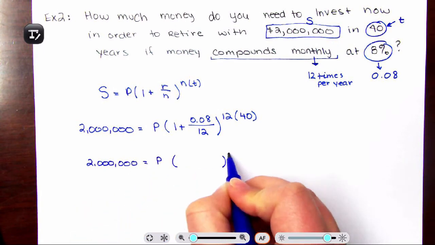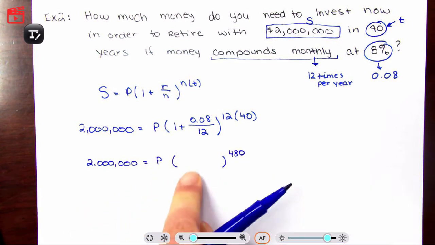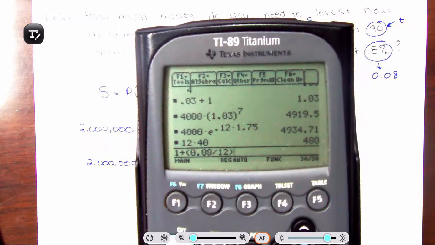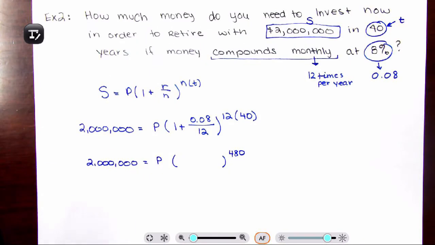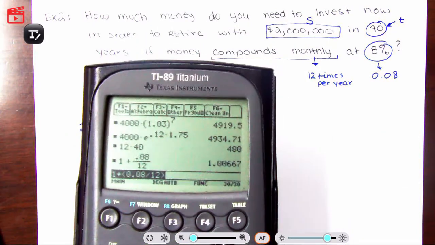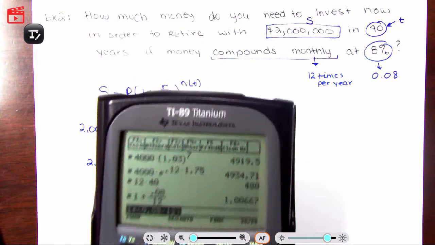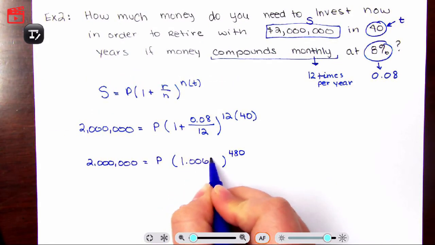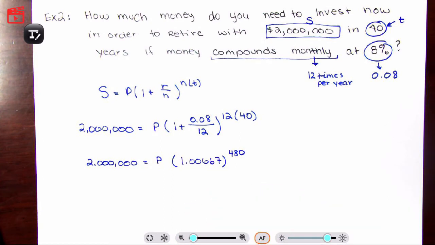And I'm actually going to solve what's in here. So I have 1 plus 0.08 divided by 12. Be careful with how you're doing this. Make sure that your fraction is in parentheses. Enter. Now, do not simplify. Whatever you do, do not simplify. Write everything out. If you start simplifying now, you're going to lose a lot of money. Don't do that.